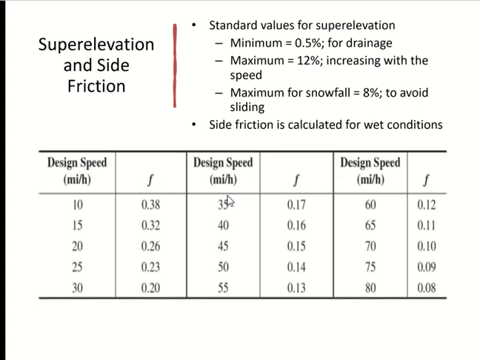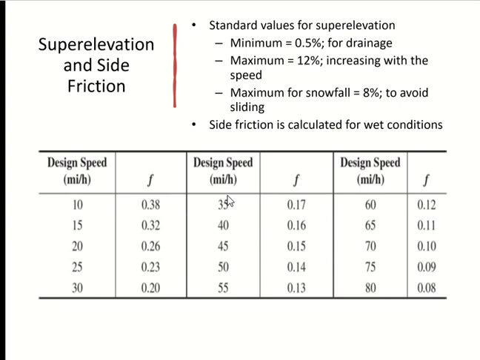E, the cross slope of the road, should be at least 0.5%. Why? For bridges, for passing of the water. You can go as high as 12% for normal conditions and up to 8% for wet conditions.